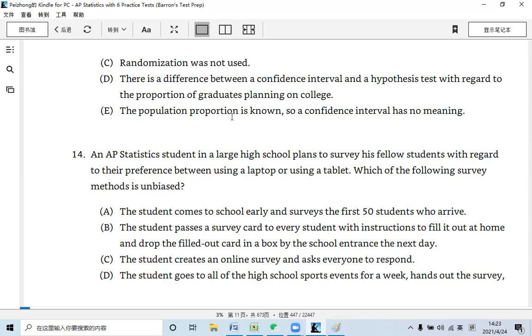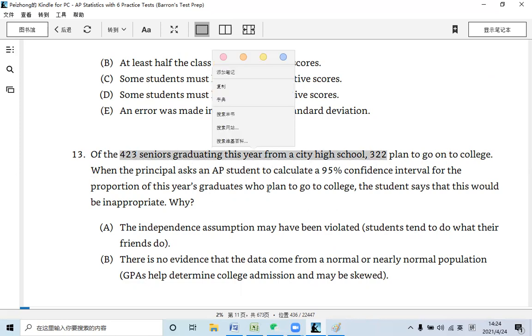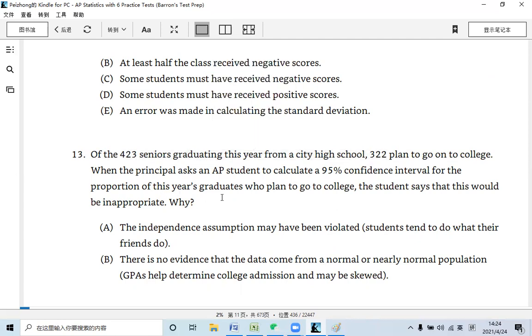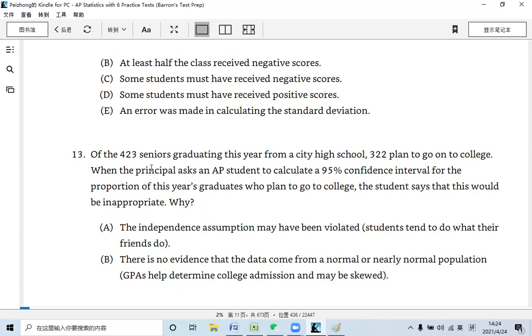Population proportion is known. The population proportion of the senior graduating. Right, this last one really makes sense. The population proportion is known. What is the population?